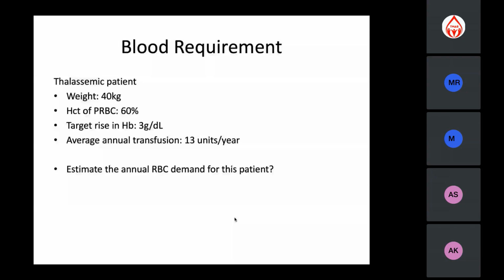On average, approximately 13 transfusions happen per year. It is not 13 units, it is 13 transfusions for this patient annually. So estimate the annual RBC requirement for this patient.